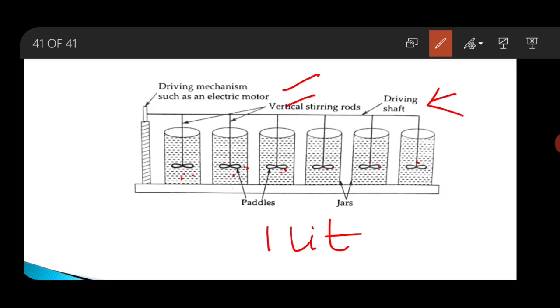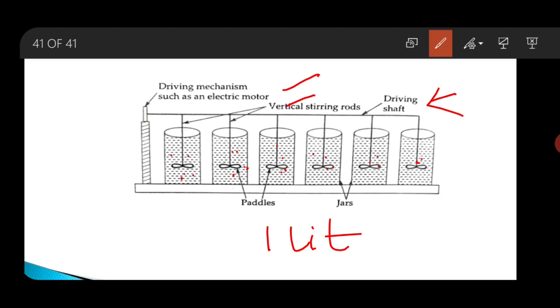That means here you have given different amounts of coagulant, and after the mixing process you have to note down the formation of flock in each jar. So the jar which gives a good amount of flock with the least amount of coagulant will indicate the optimum dose.